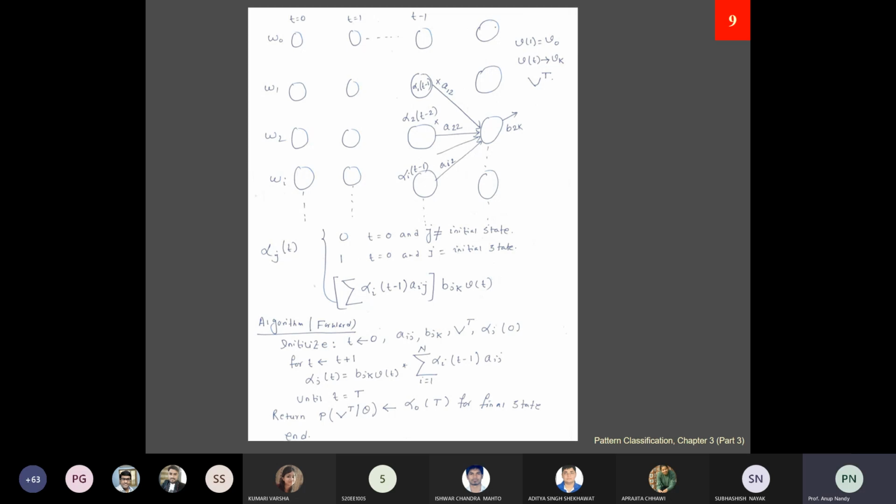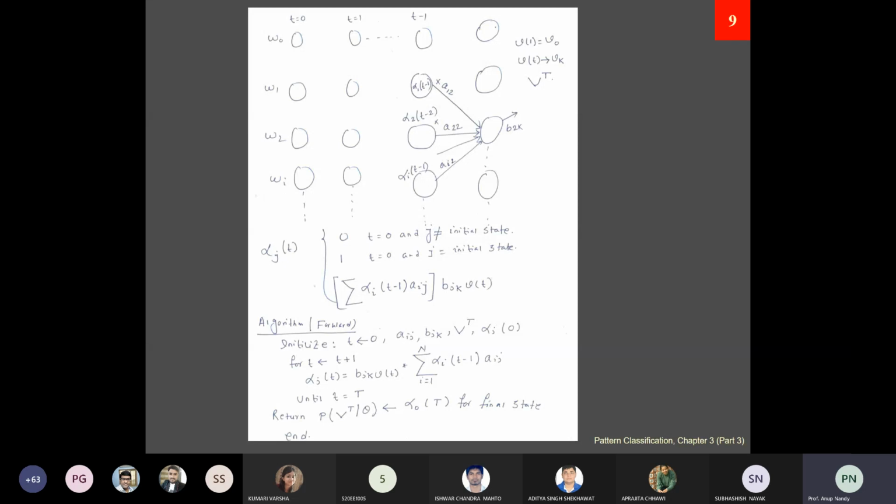Otherwise, it is the summation of alpha j t minus 1 into aij, which I already explained, multiplied by bjk into vt, where vt means that for time instance t, any state under consideration will generate an output symbol, that is vk. So that is the formula you need to compute.